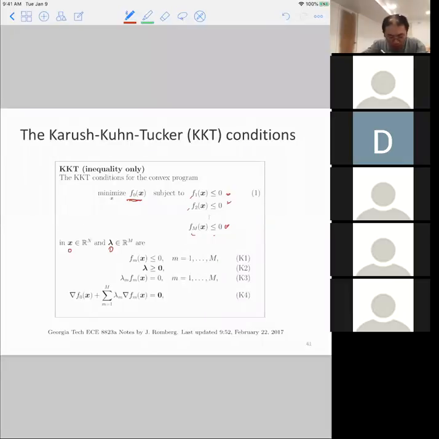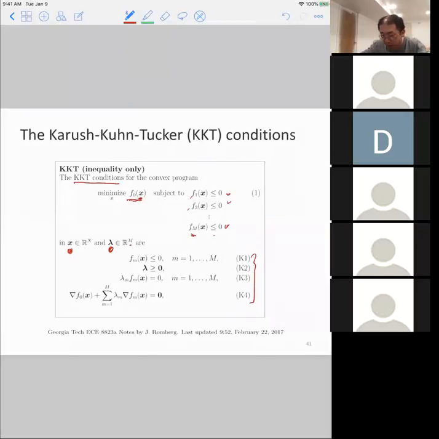And for an arbitrary input x and also an m-dimensional lambda, where this m is consistent with the number of constraints, the KKT conditions say that if x and lambda satisfy the KKT conditions for this particular convex program, they satisfy these 4 sets of conditions.